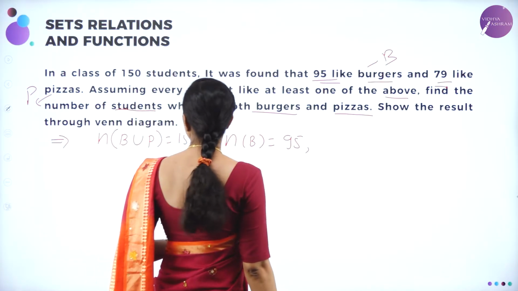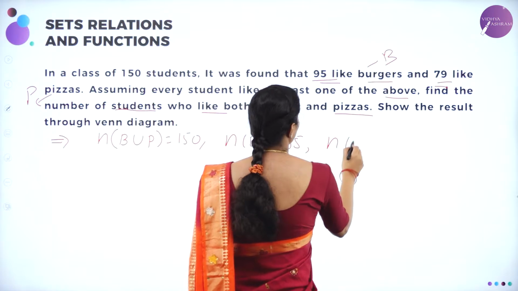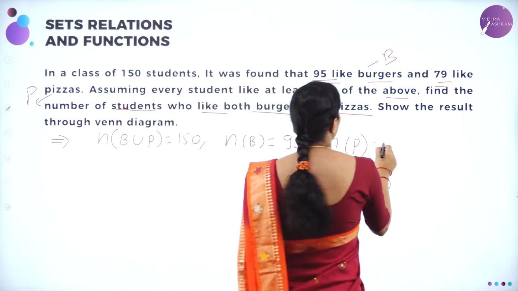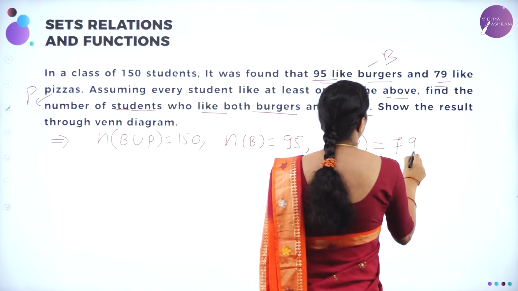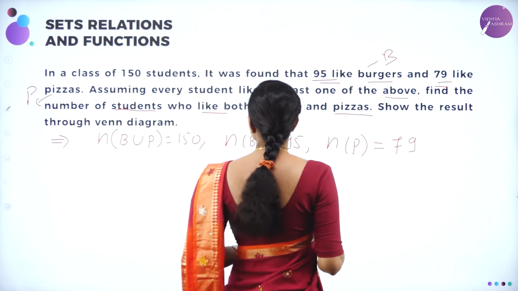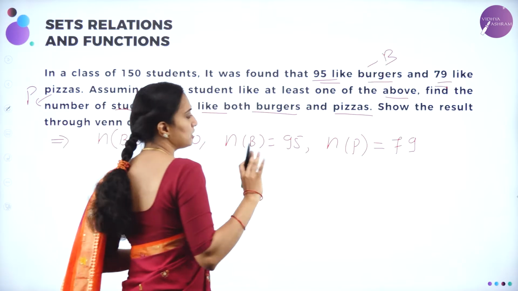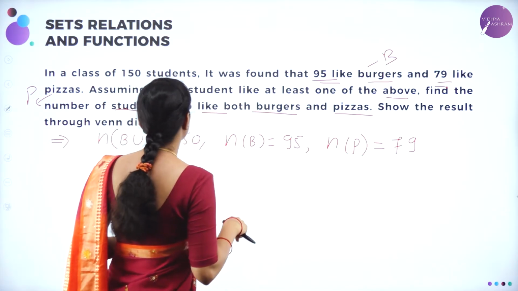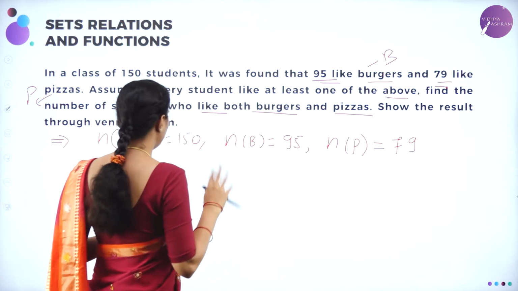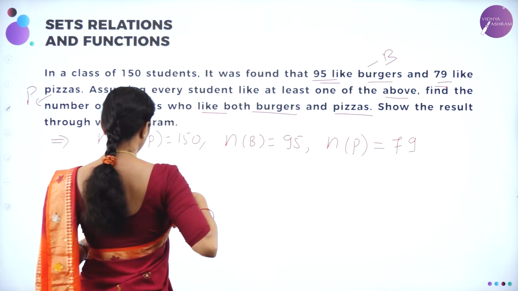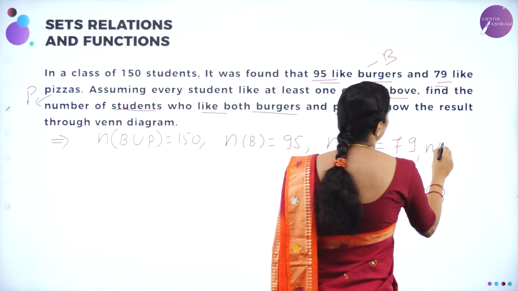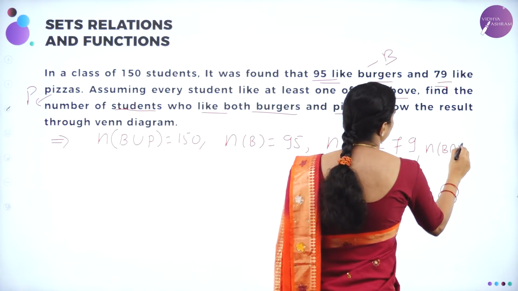Similarly, 79 like pizza, so N of P, the number of students who like pizza, is 79. P means pizza here. Assuming that every student likes at least one of them, find the number of students who like both burger and pizza. So what you need to find out is N of B intersection P.